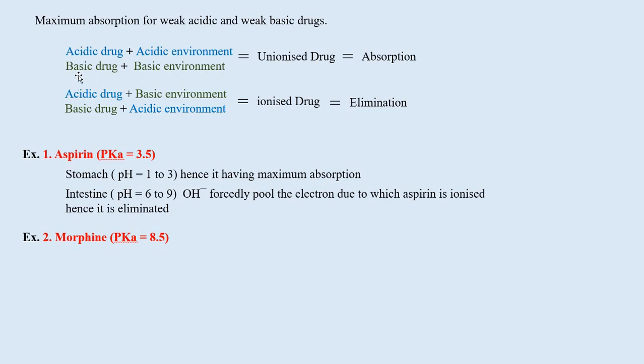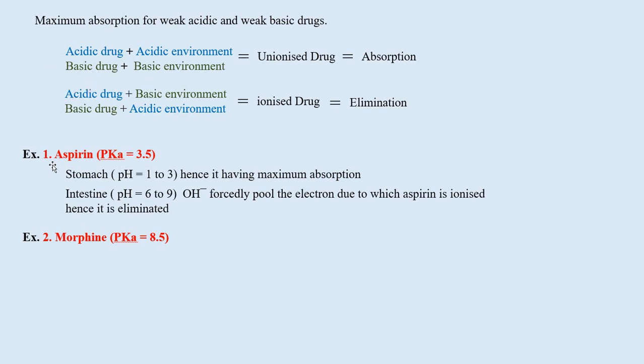These two rules you must remember. The basic funda is that like dissolves like. If you understand this, then you will easily get each and every point regarding the Henderson-Hasselbalch equation, whether it is the different equations for weak acidic drugs or for weak basic drugs.